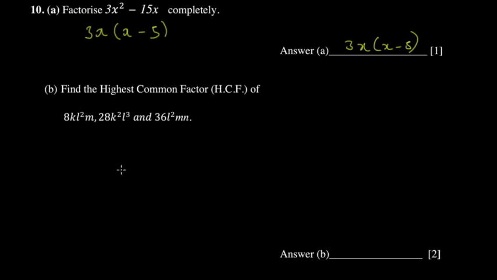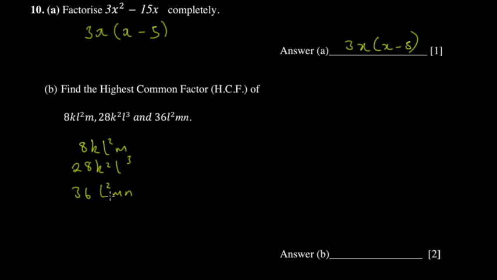Then you're done. This one says find the highest common factor of this. So we have 8k l squared m, 28k squared l cubed, then we have 36 l squared m n.